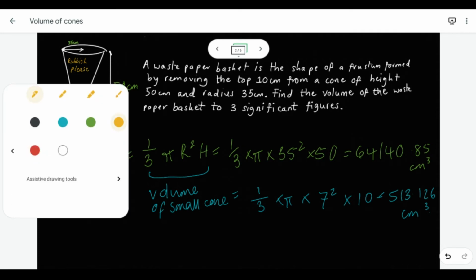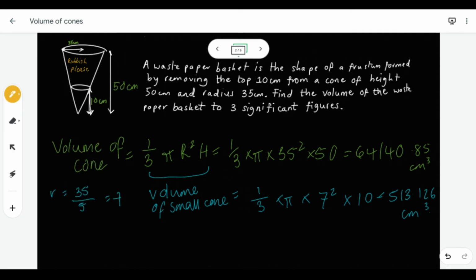Finally, to get the volume of the frustum, all we do is 64,140.85 take away 513.126.